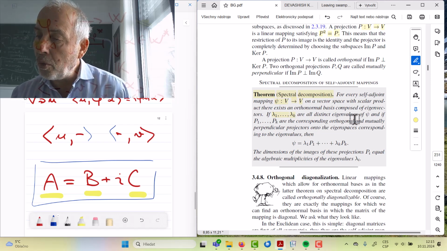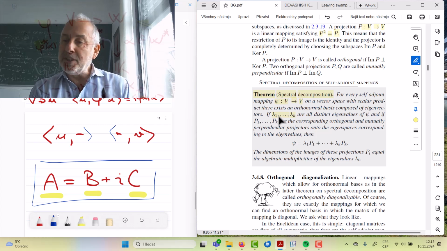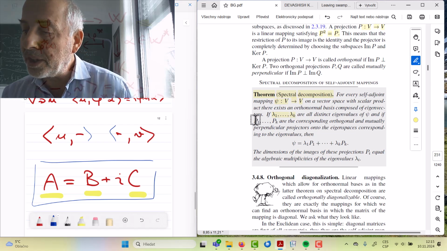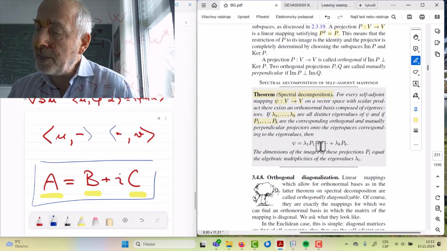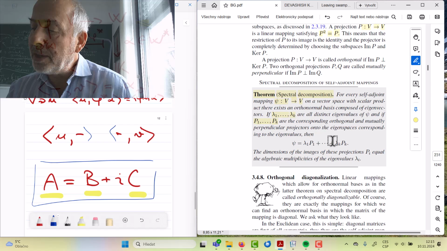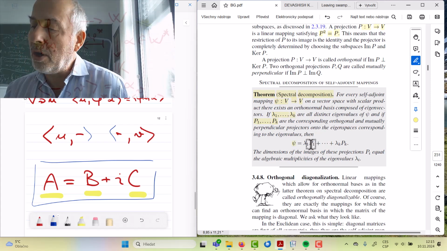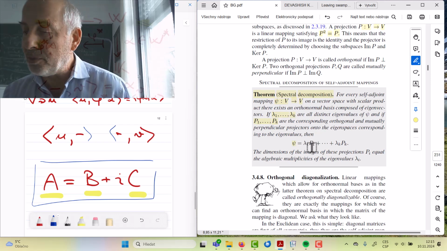And all the eigenspaces will be mutually orthogonal. And if we consider the k orthogonal projections, then there are k real eigenvalues, and the whole mapping psi is given as the sum of the orthogonal projections to the eigenspaces multiplied by the eigenvalues. And that's it.